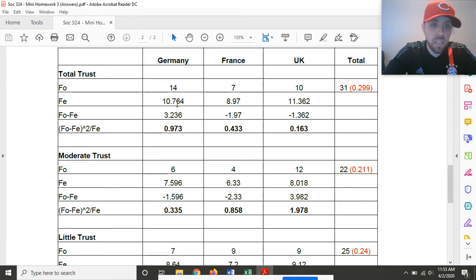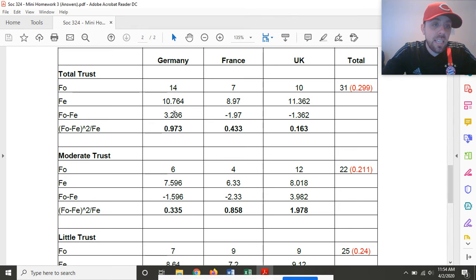Once I have frequency expected, it's just a matter of following the formula. So let's go back to this first cell of Germans in total trust. I subtracted my frequency expected of 10.764 from the frequency observed of 14. That gave me 3.236, which I then squared to get rid of negatives if they exist. They do not here, but they do for the next cell where you see the French total trust number.